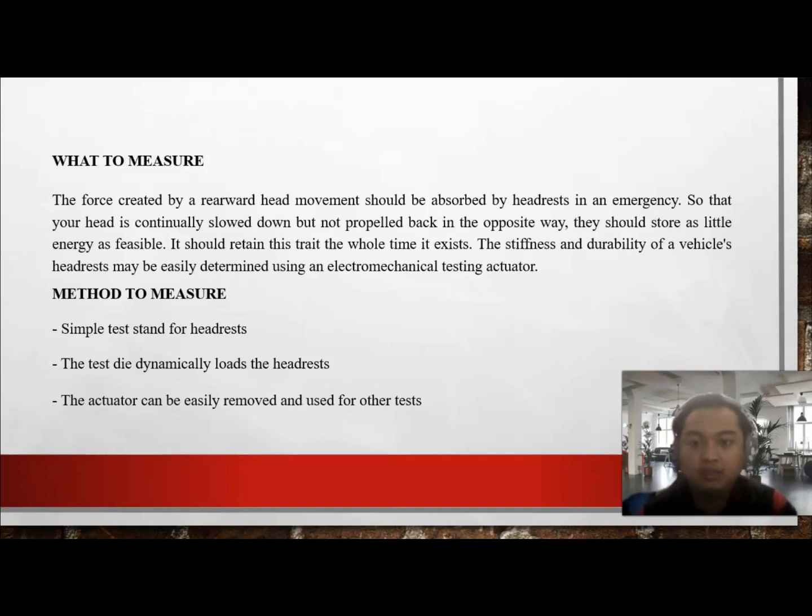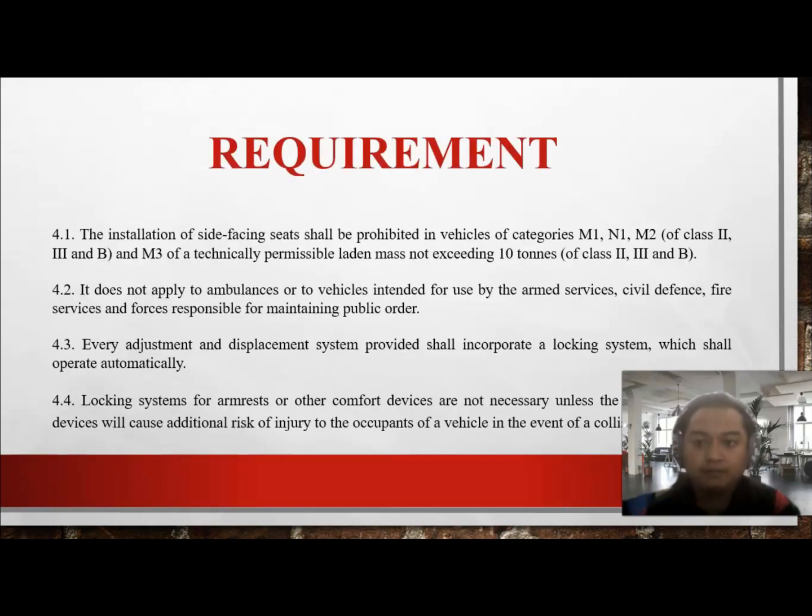The stiffness and durability of a vehicle headrest may be easily determined using an electromechanical testing actuator. So the method of measure: sample test stand for headrest. The test die dynamically loads the headrest, and the actuator can be easily removed and used for other tests.